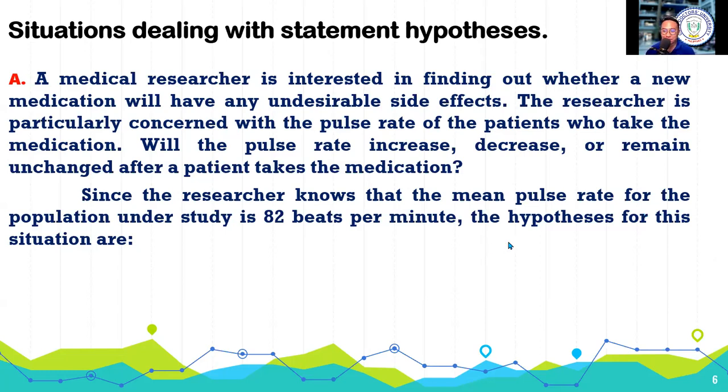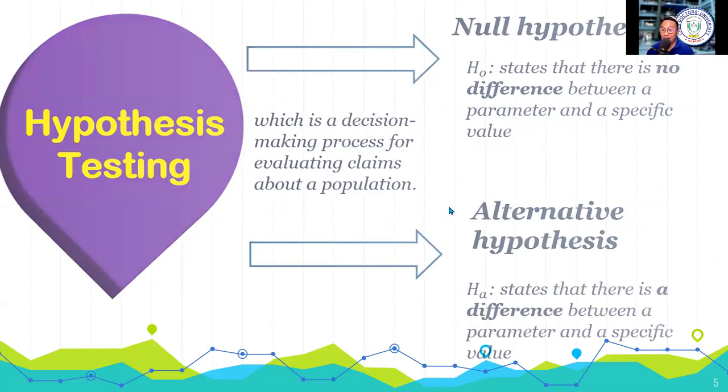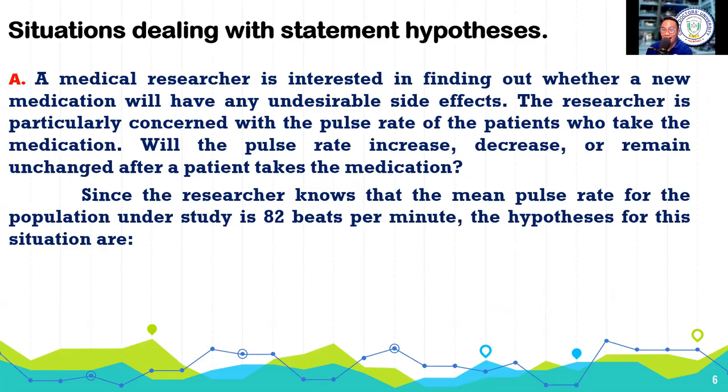Okay, let's go back to the previous slide. It says here, okay, a good point, Michaela. The null hypothesis says nga there is no difference. So you can say nga the pulse rate remains unchanged. Very good. That's how we should say that.